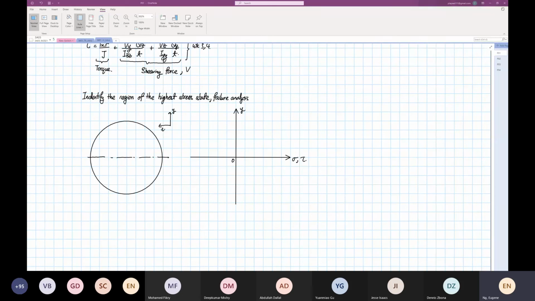I like to call this the centroid and not the neutral axis, because the centroid is not always equal to the neutral axis. Sometimes it is, but a lot of times it's not. So what I'm trying to draw here is the stress distribution profile.